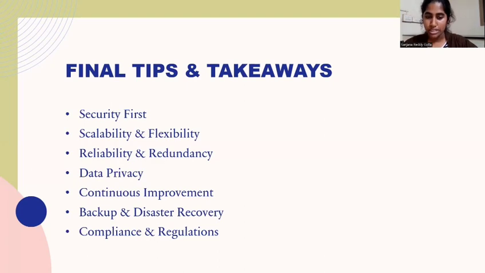So there is constant improvement in the smart home system. And backup and disaster recovery. If at all there is something that got messed up, it will be back within no time, and it stores all the data also. So you'll have a proper backup for everything.